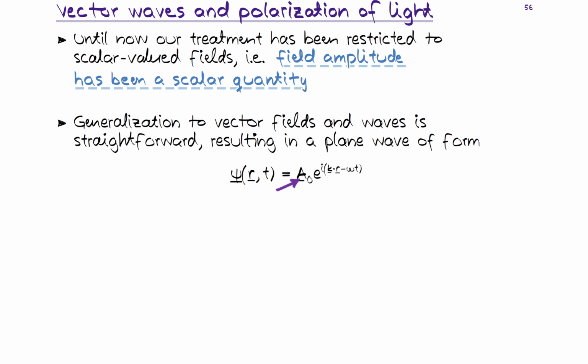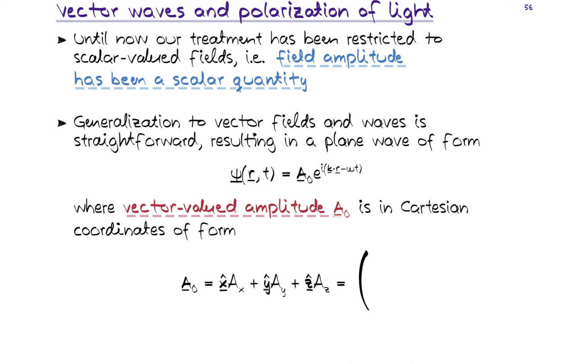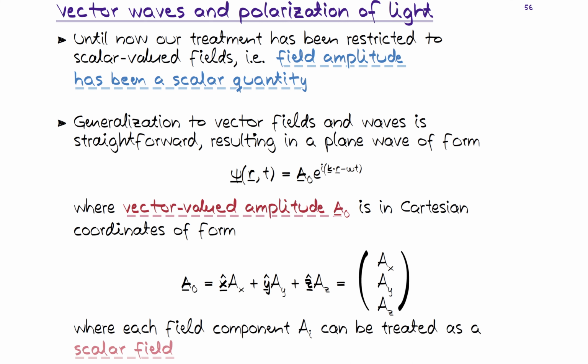In Cartesian coordinates, the vector valued amplitude can simply be written as the x coordinate along the x direction, the y coordinate plus the z coordinate. In a different notation, this corresponds to a vector with three components along the x, y, and z directions. For simplicity, I'm just using the Cartesian coordinate system to describe my physics. Each component, A_i, can be treated as a scalar valued field.